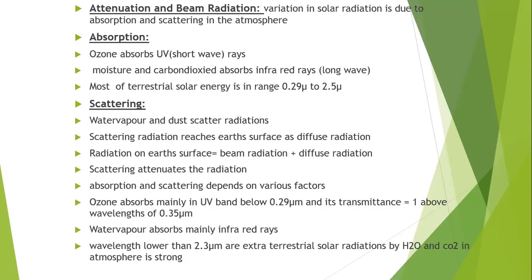These atmospheric conditions will also vary from place to place and time to time. In a given place, the amount of scattering and attenuation will vary from time to time also.